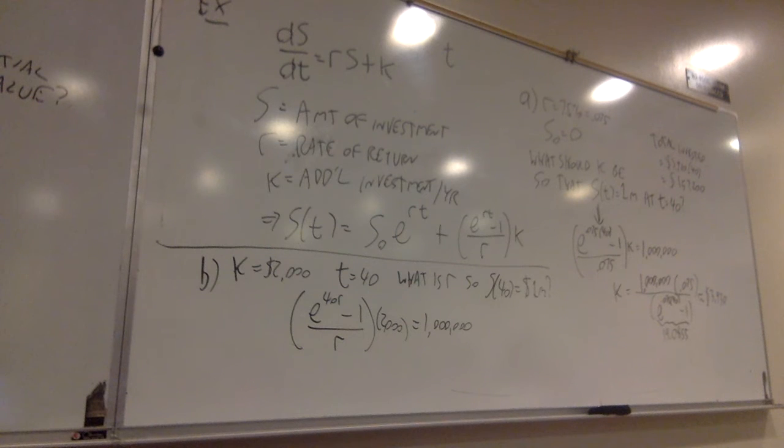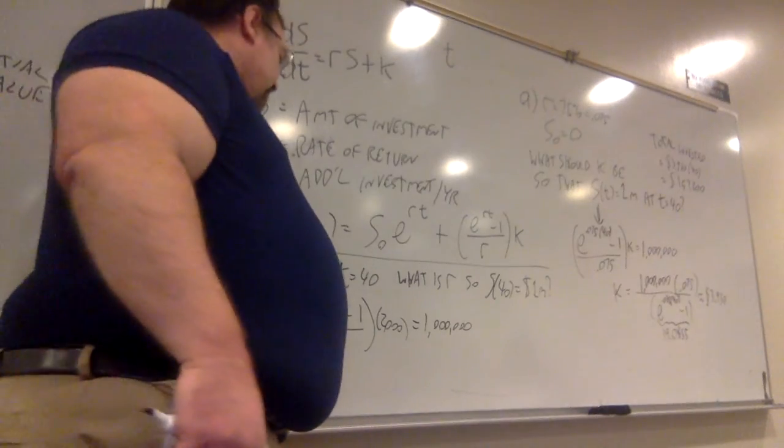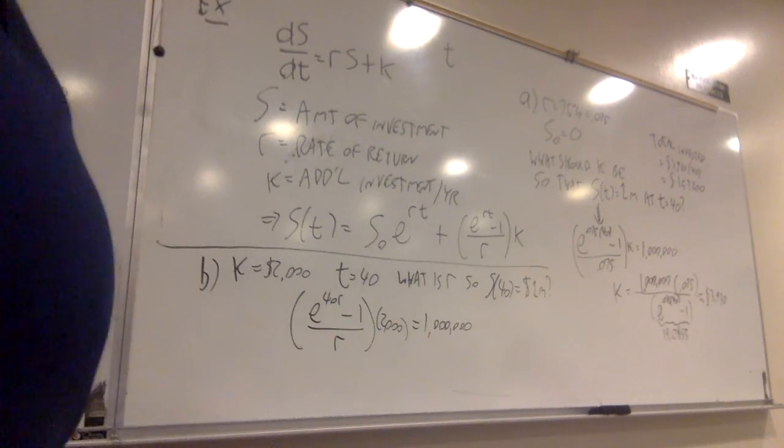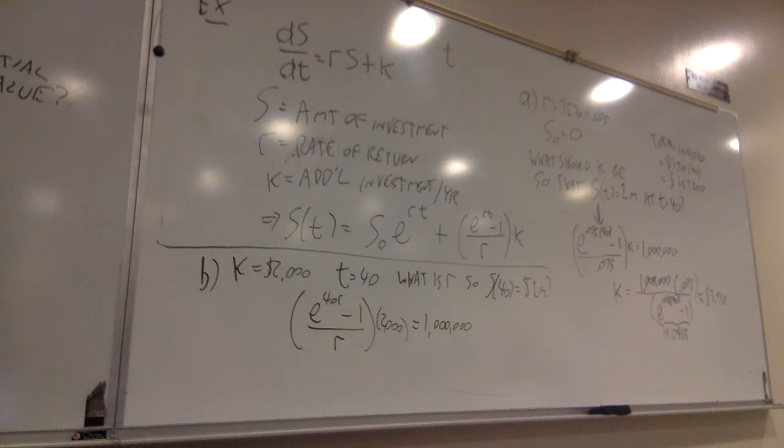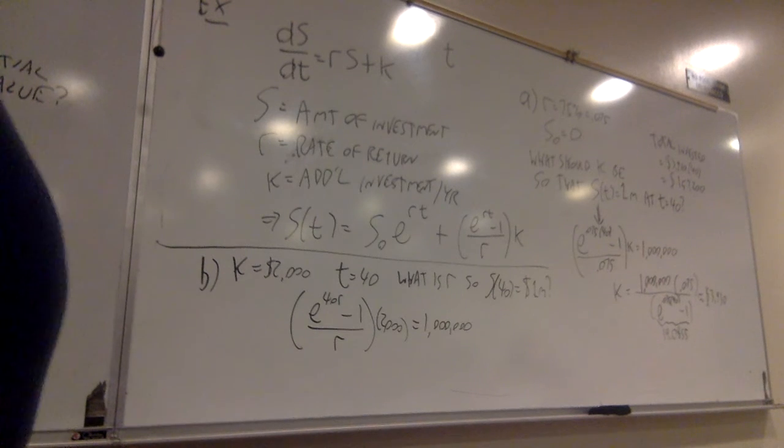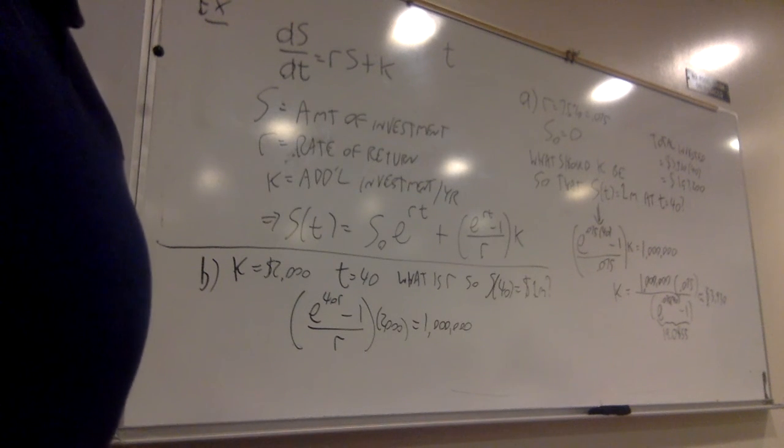Now, I'm not going to give a question like this on homework or a test because good luck trying to solve that algebraically. It's not going to happen because we have the r down here and it's also in the exponential. This is an equation that would have to be solved numerically, or if you have a graphing calculator, you can use that to try to ballpark it.